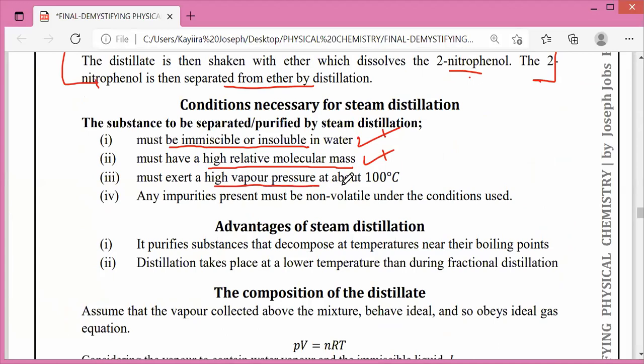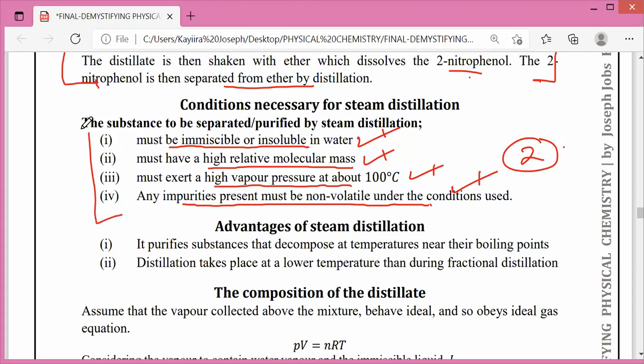It must exert a high vapor pressure at 100 degrees Celsius such that a very high percentage of it is collected in the vapor. Any impurities present in it must be non-volatile so that they don't go off with the steam. Are we together? Yes, teacher. Those are the four conditions necessary for steam distillation.